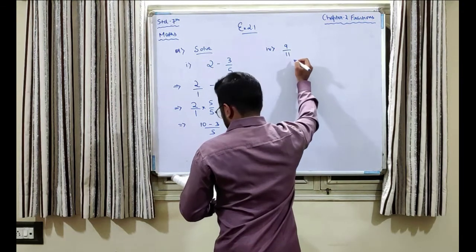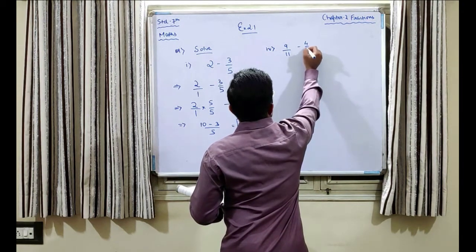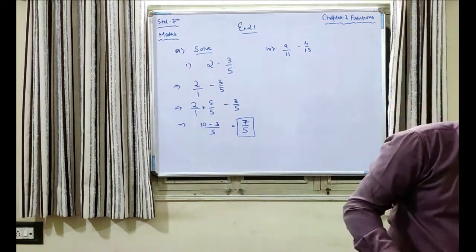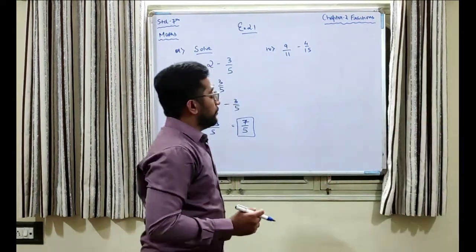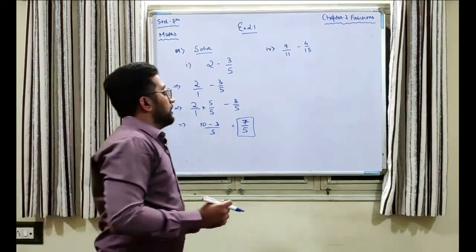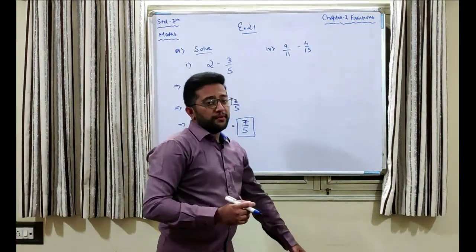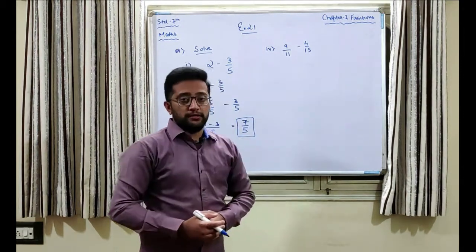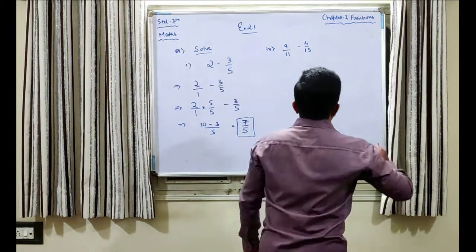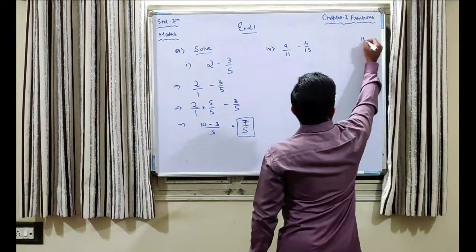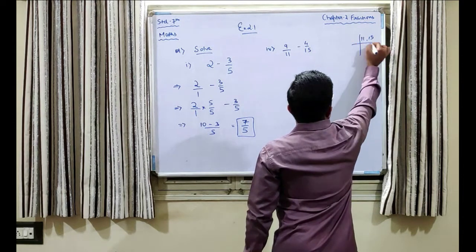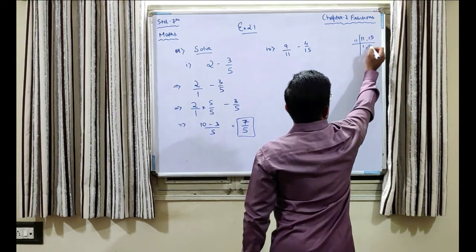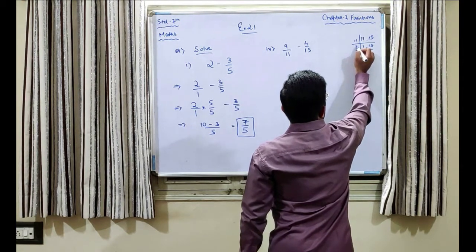9 upon 11 minus 4 upon 15. So what we will do in this case is, in order to solve them, we need to bring those two numbers to the same level, that is by equalizing their denominators. So we'll try to take the LCM of 11 and 15. 11 1s are 11, 15 is 3 5s.